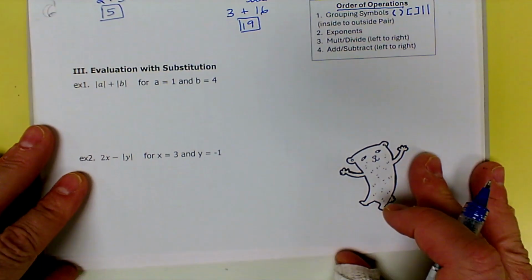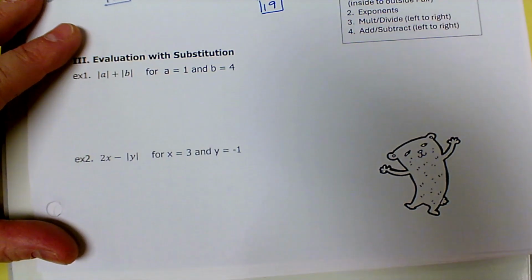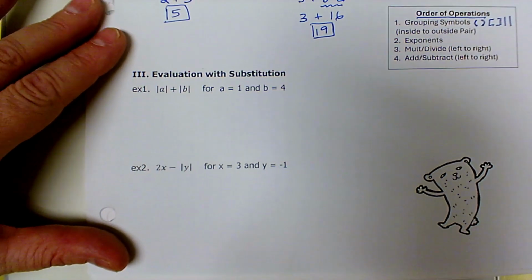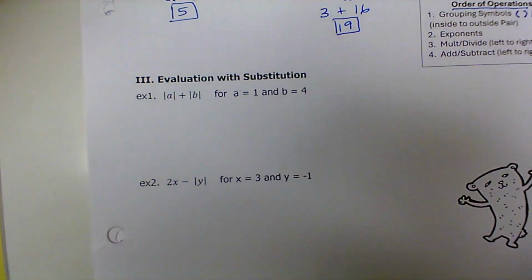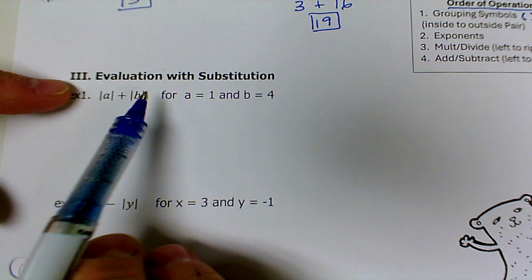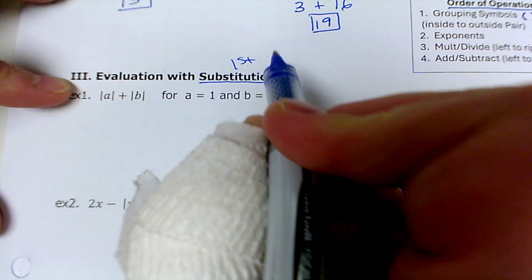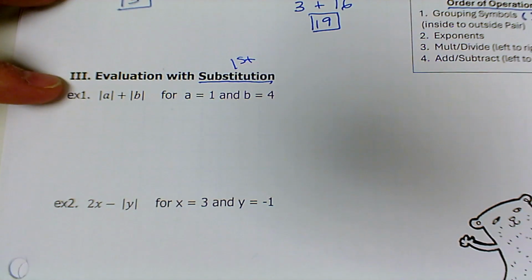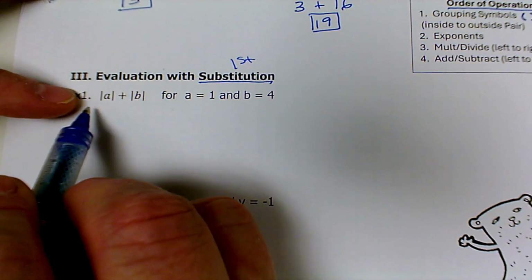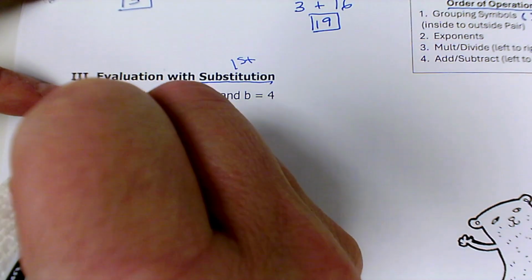All right, there's also a couple on evaluation and substitution. See if I can zoom in a little bit. There we go. So when you do evaluation with substitution, you do the substitution first and replace the A and the B. So in this case, absolute value of A, if A is 1, is the absolute value of 1.